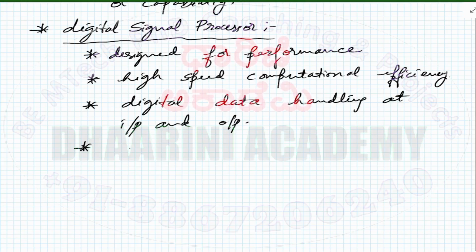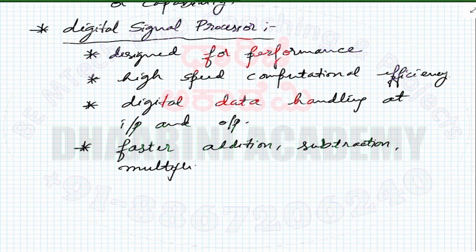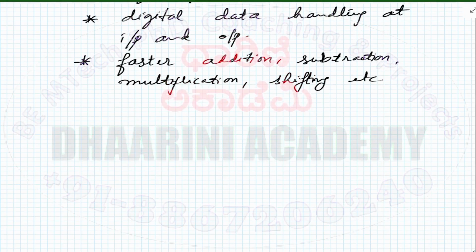Then it should be able to perform faster addition, subtraction, multiplication, shifting, etc. So there should be instructions which are capable of being executed in a lesser amount of time. That's the ultimate goal here.